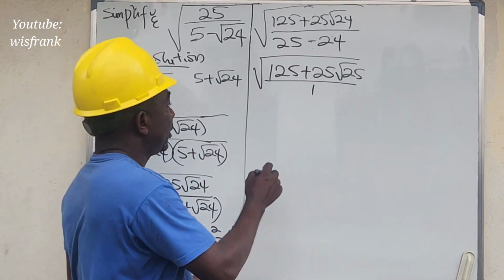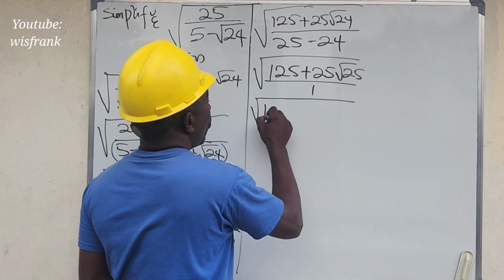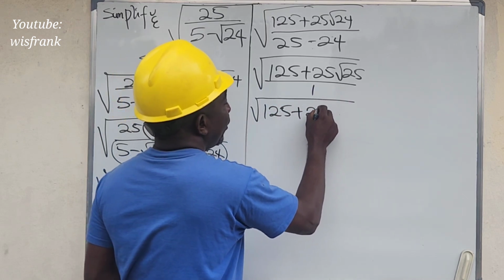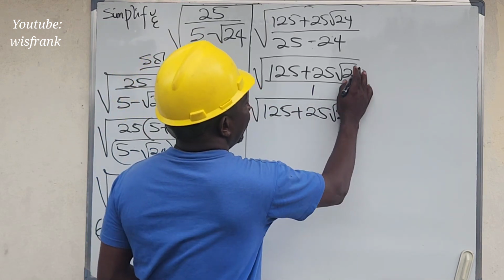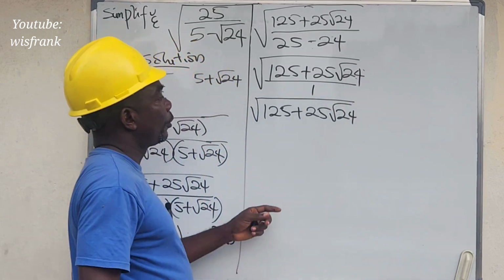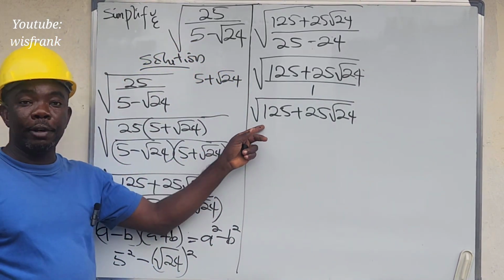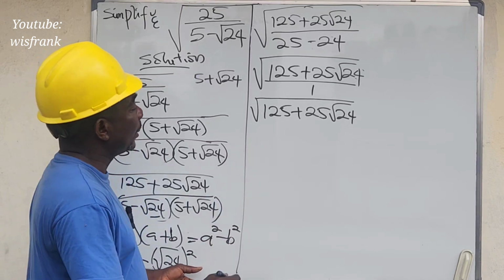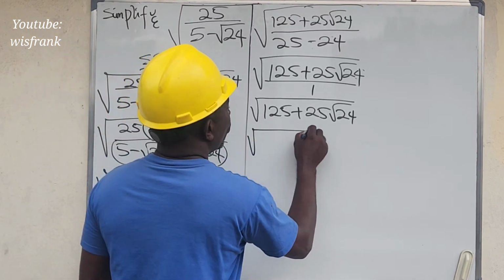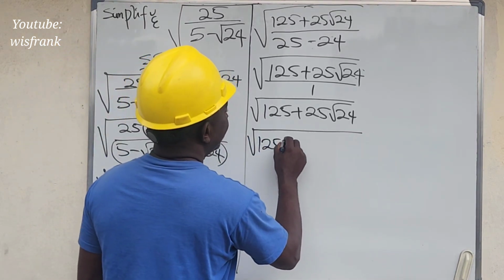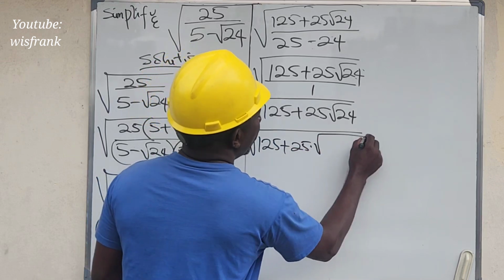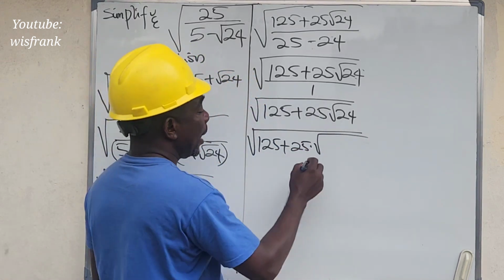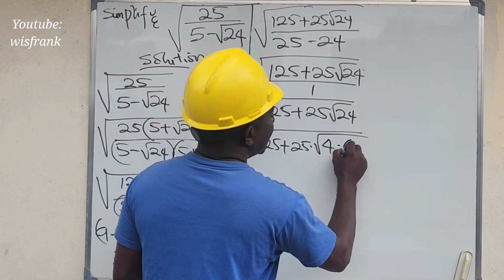So when we evaluate, this is the same thing as square root of 125 plus 25 square root of 24. Okay, so this is our simplified form now. So we are going to further simplify this for us to see what our answer will look like. So this will give us square root of 125 plus 25 times square root of 24, which is the same thing as 4 times 6.